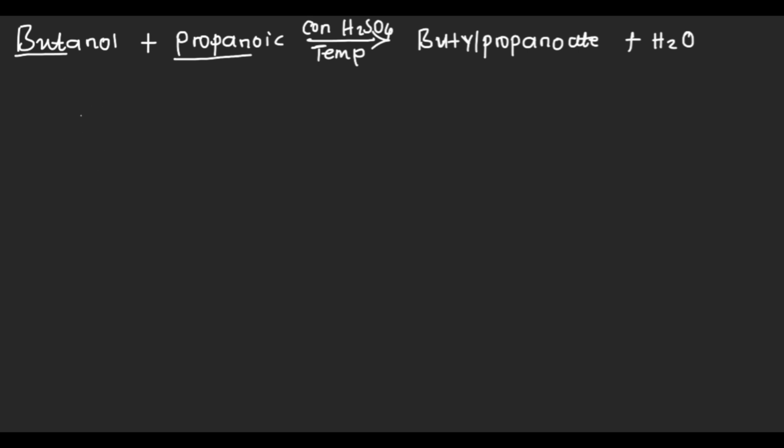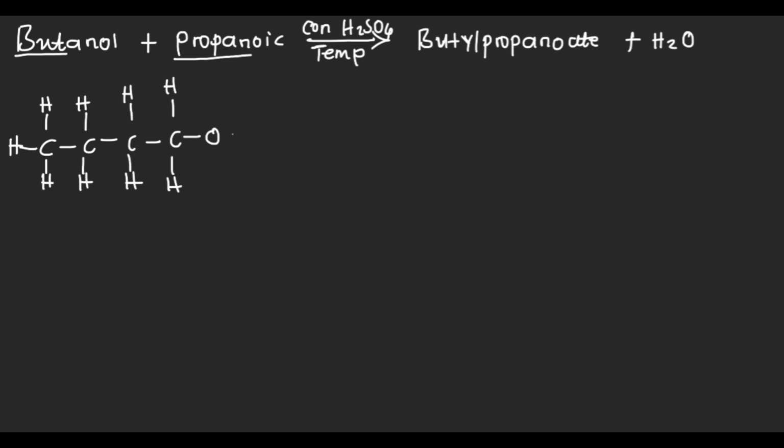So butanol has 4 carbons. Then the hydroxide, so plus.